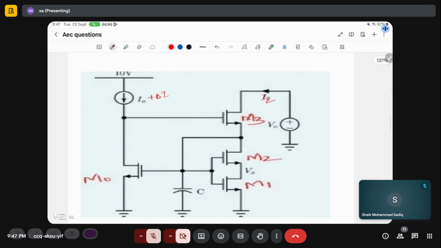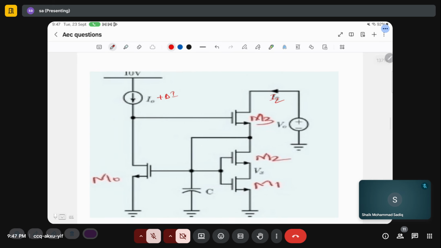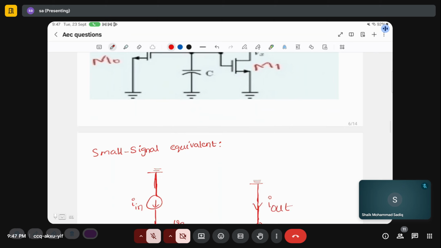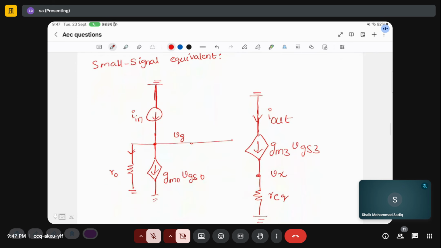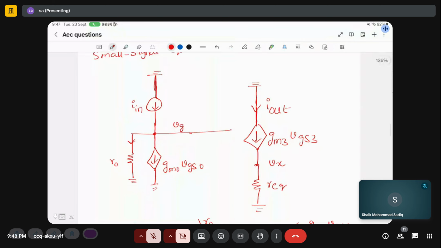Since it is a very small change, we will consider it as a small signal incremental current. I will replace the entire circuit with its small signal equivalent, and I will have this.